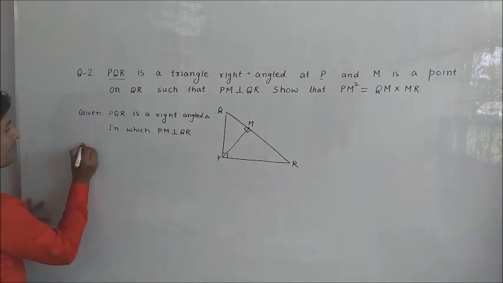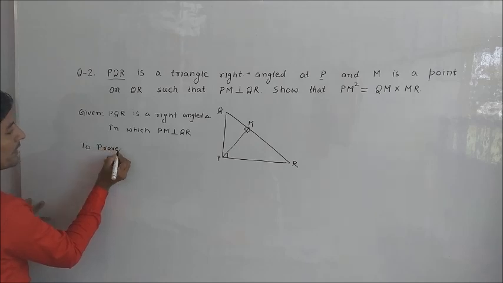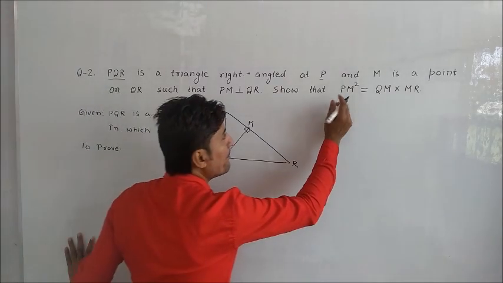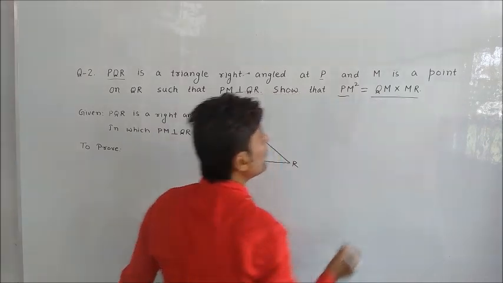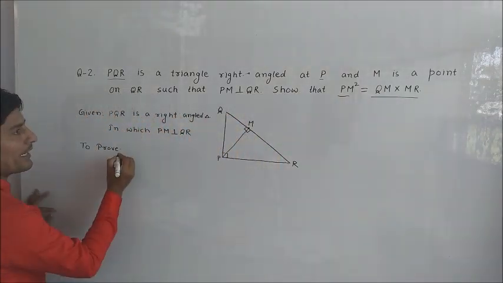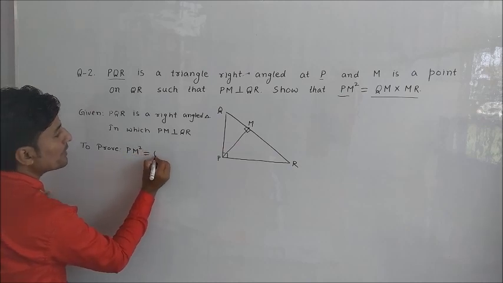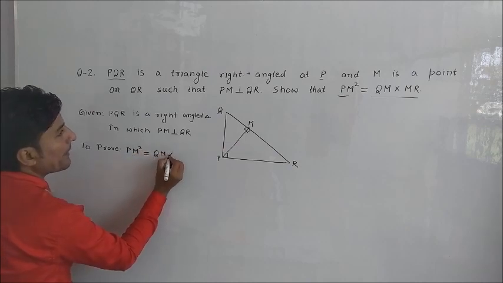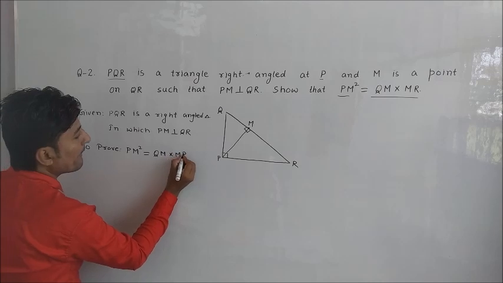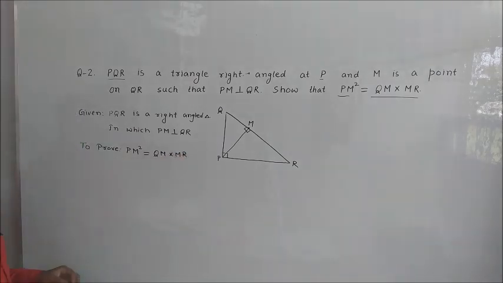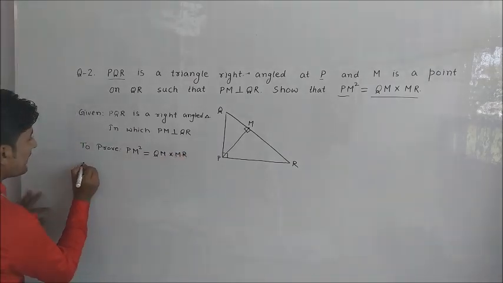After given, then we have to write to prove. In this question, we have to prove that PM square is equals to QM into MR. So here we can write PM square is equals to QM multiplied by MR. After to prove, then we have to write the final step, that is proof.